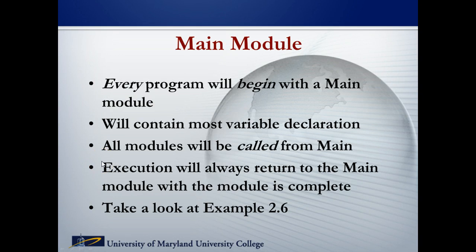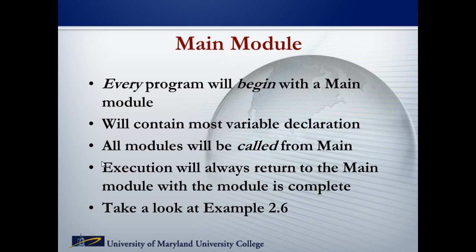So that being said, every program that we write will begin with a main module. The main module will contain most of the variable declarations that we use throughout a program, and all submodules are called from main. It's very, very rare that you will ever need to call a submodule from another submodule.